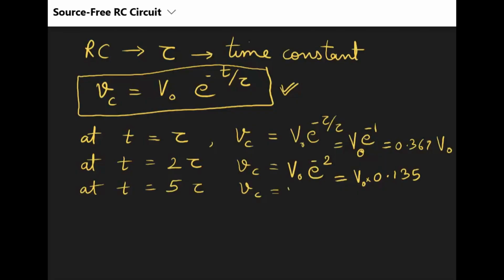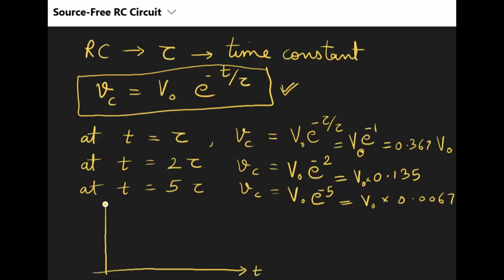Similarly, when we will find the value of Vc at t equals to 5 times tau, then it will be V0 e to the power minus 5 and the value will become very small, which is approximately near to the 0. So we can conclude that at t equals to 5 times tau, that is the time constant, the capacitor discharges fully.